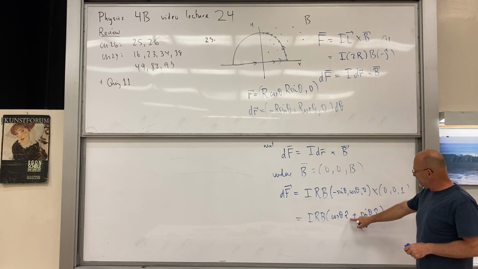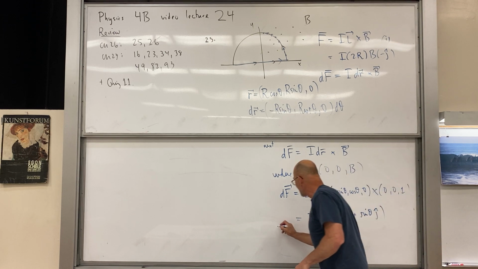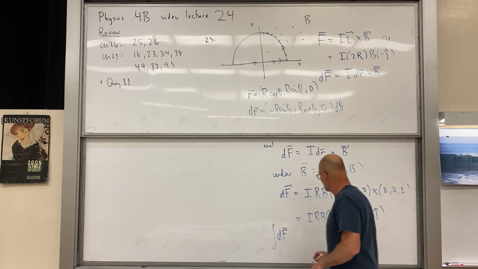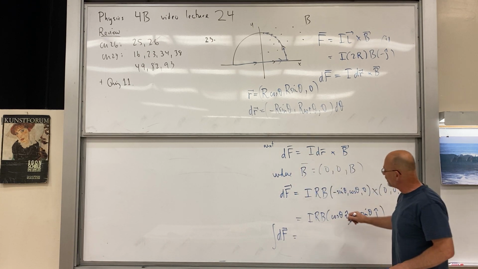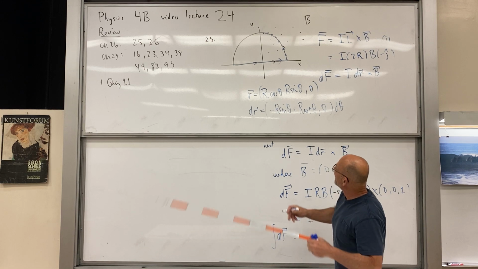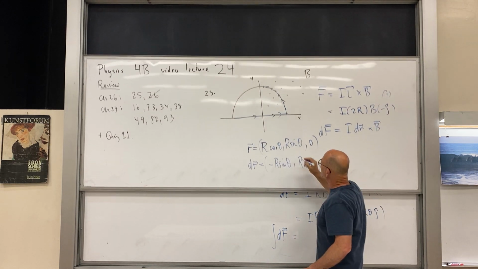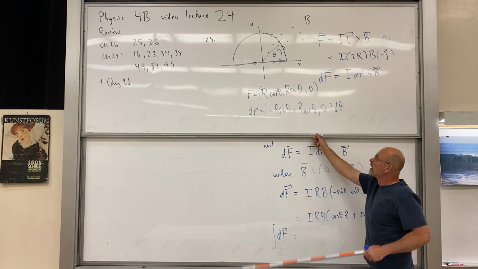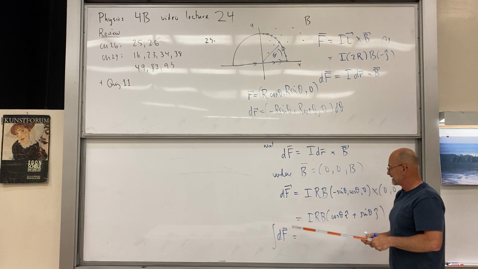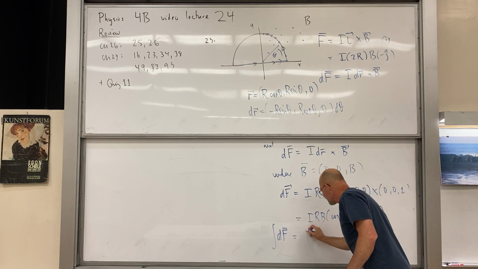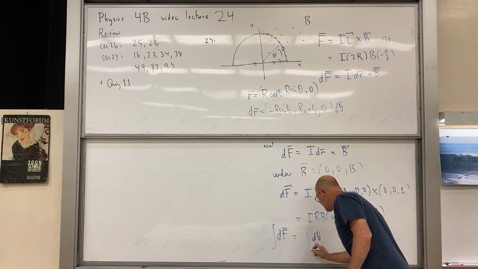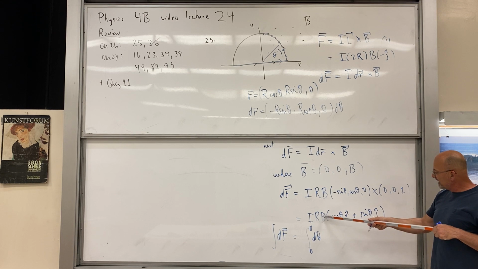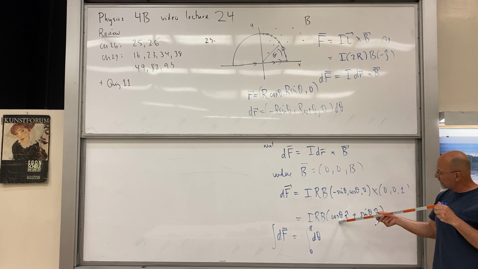Now if you integrate these, so now the integral of dF, this vector, what you're going to do is integrate over theta. I didn't draw the theta in here, but any point here had a theta. So you're going to integrate theta from 0 to pi. You're going to have the IRB, the integral of the cosine theta from 0 to pi is 0.